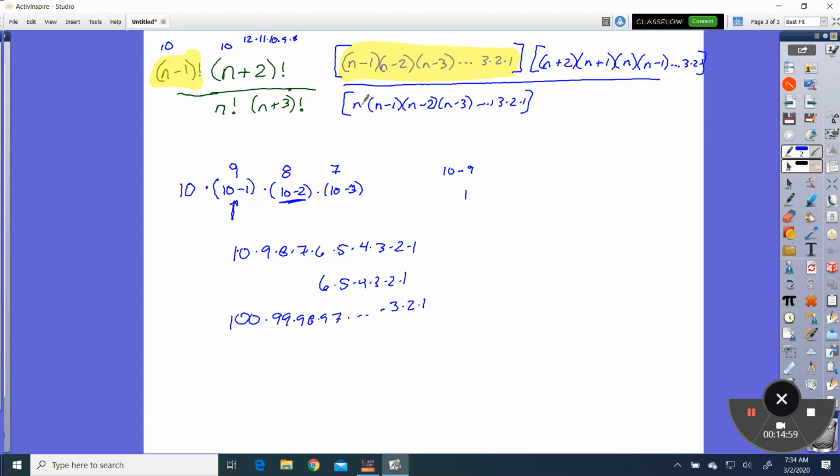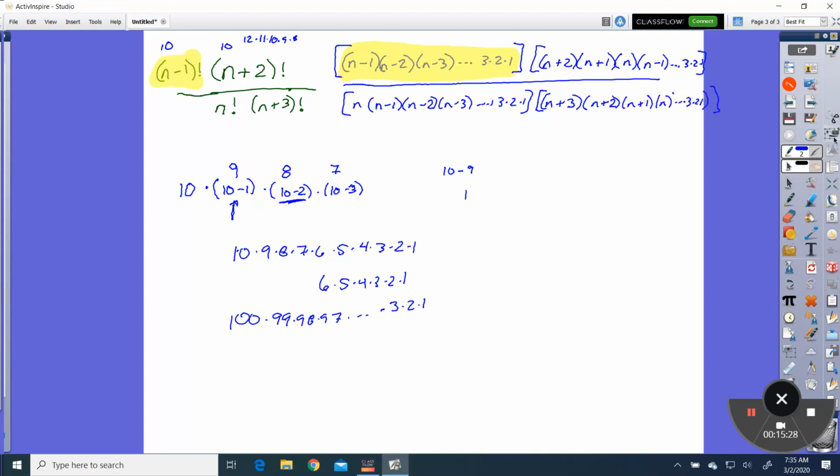Realistically, you just need the first one and the next two to get the idea. Yeah, so at least 3. And then the next one we start with n plus 3, right? So n plus 3, what's 1 less than that? n plus 2, and n plus 1, and n.